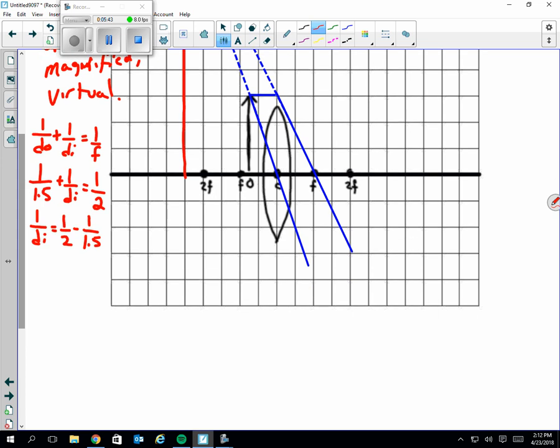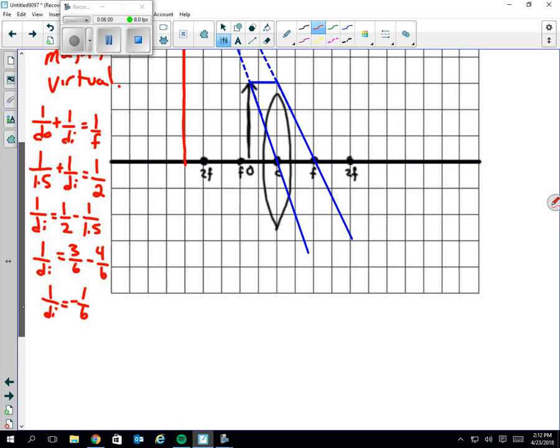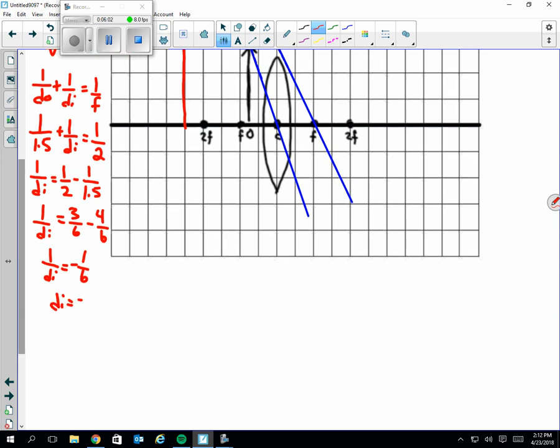If I use 6 for a common denominator, this gives me 3/6 minus, and if I multiply by 4, 4 times 1.5 is 6, so I have 4/6 over here. So then 1 over dI is negative 1/6, so dI is negative 6.